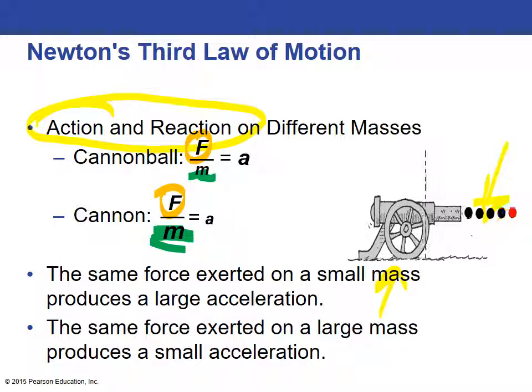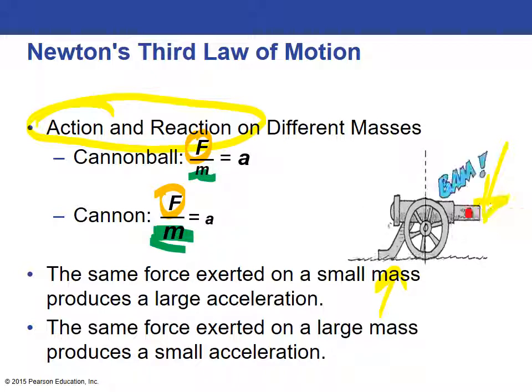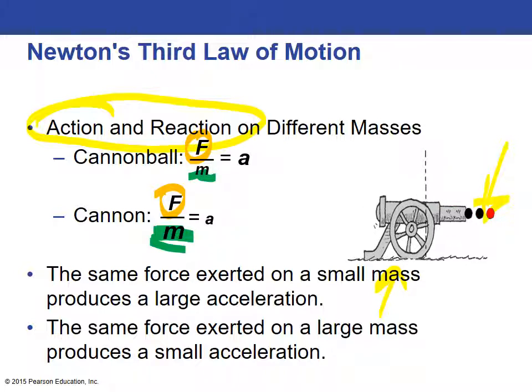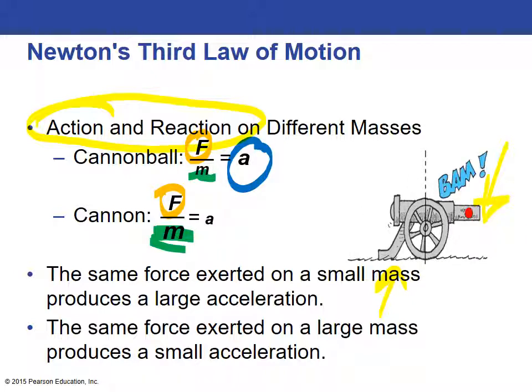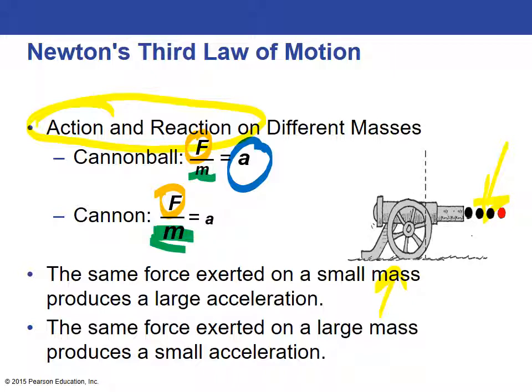And what does that do to our acceleration? Well, if we have a large number divided by a small number, the result will be larger, but when our force is divided by a very, very big number, that makes our acceleration quite small.